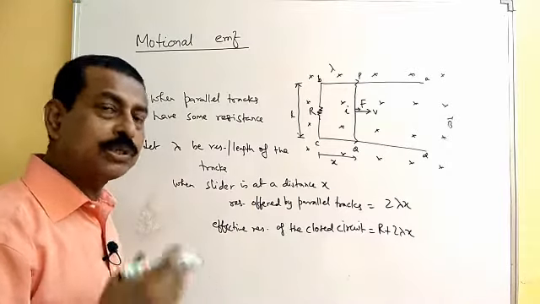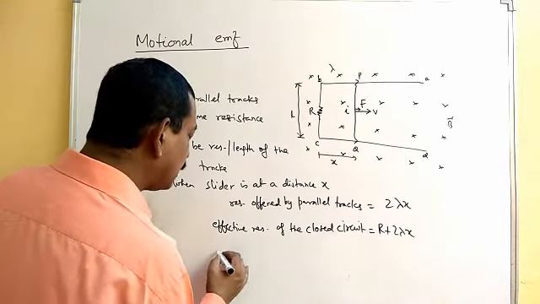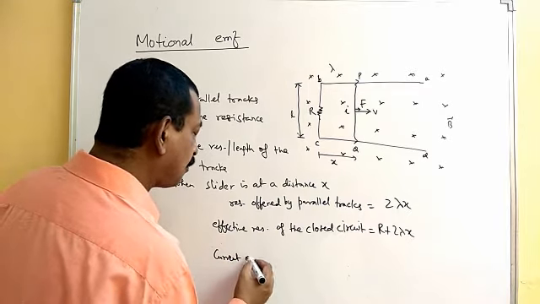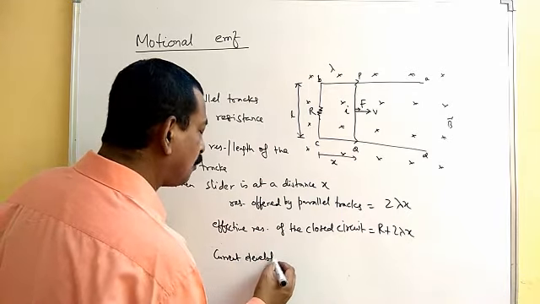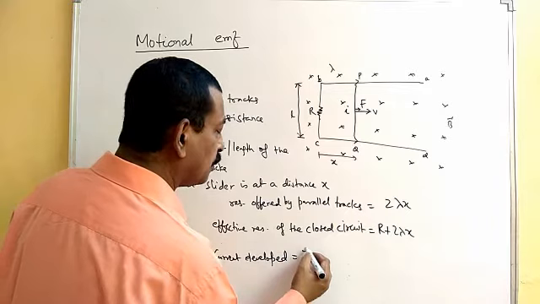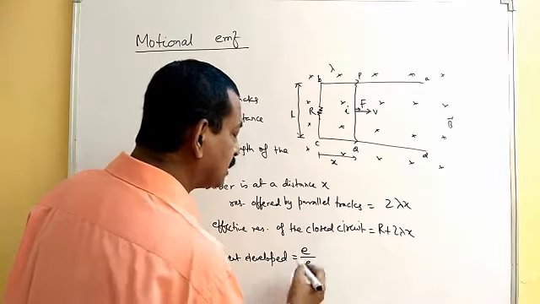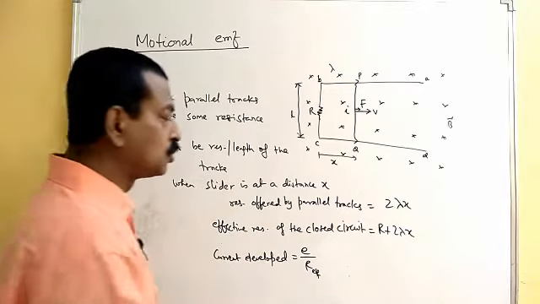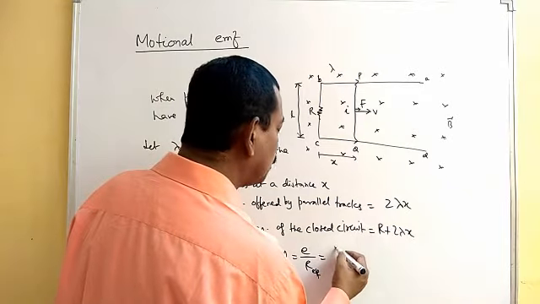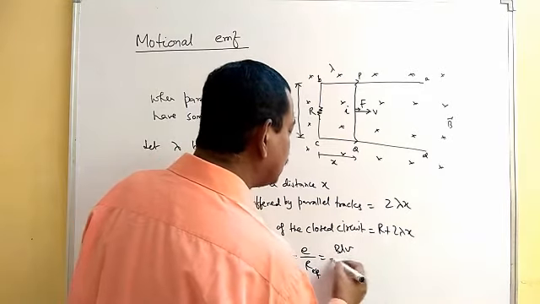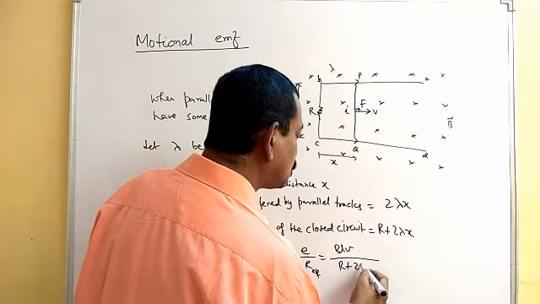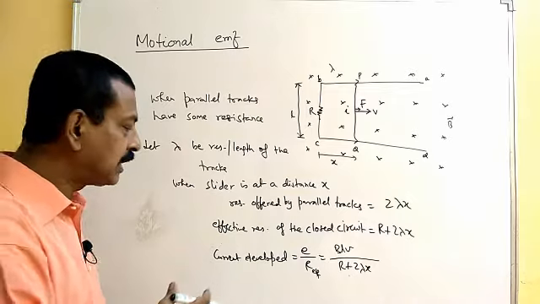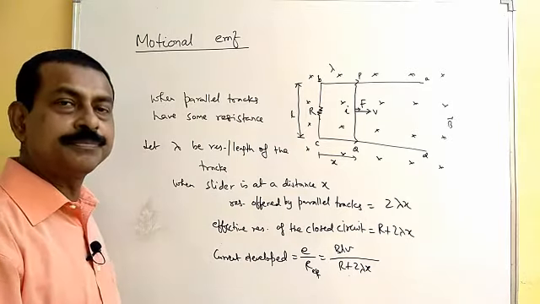Now in this case, the current developed, which we are taking as E by R effective, this time will be how much? It will be BLV divided by R plus 2 times lambda x. So this is the expression for the current developed.